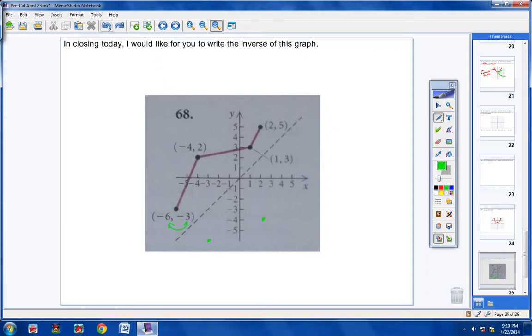Not too bad. Now, let's take a look at this point here. 1, 3 is on the red graph, so the inverse graph would have a point at 3, 1. And then 2, 5 is on the red graph, so 5, 2 would be on the inverse graph, okay?